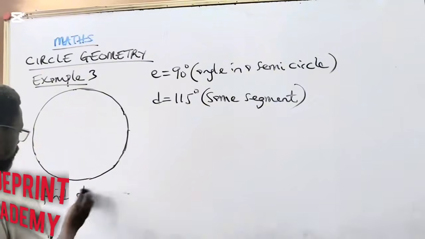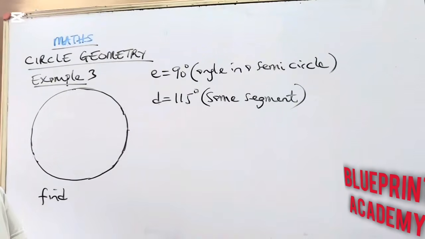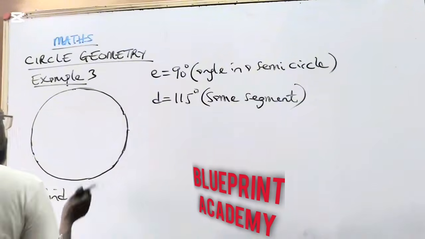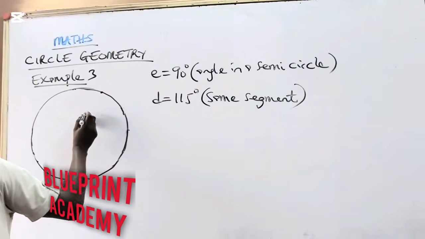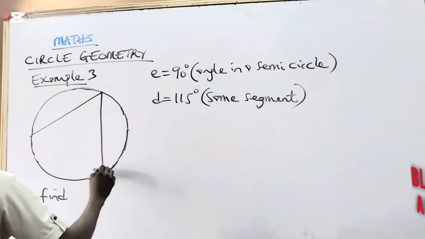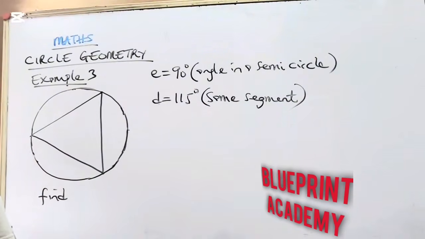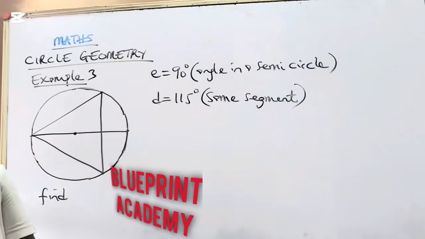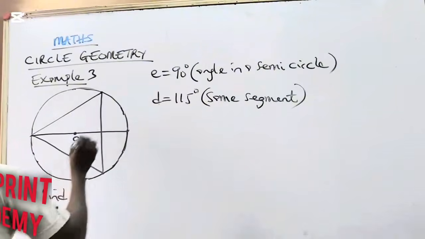Example 3. Center of the circle, center O. We have a line from here.